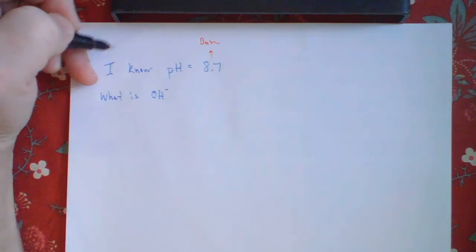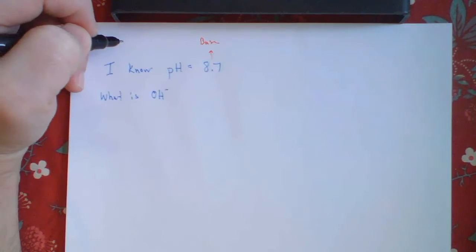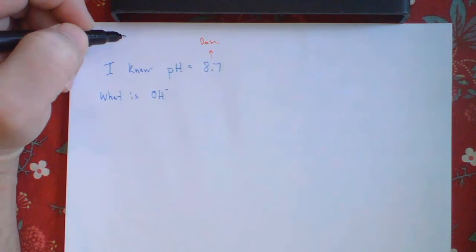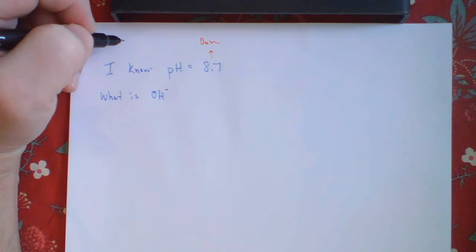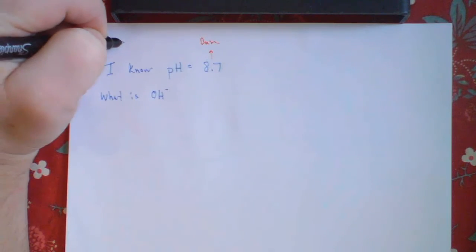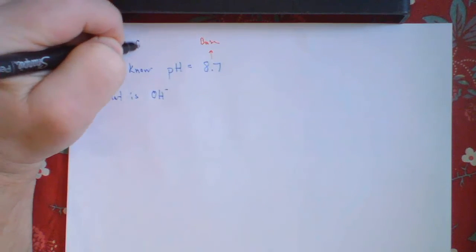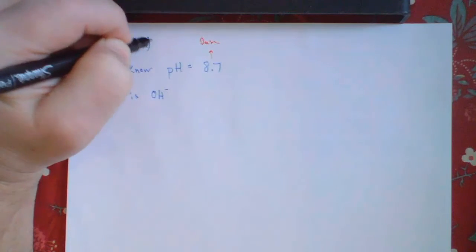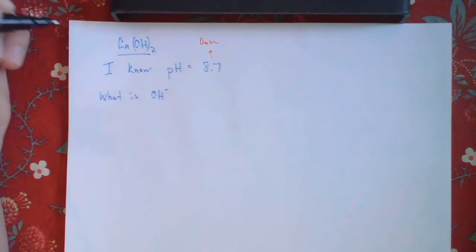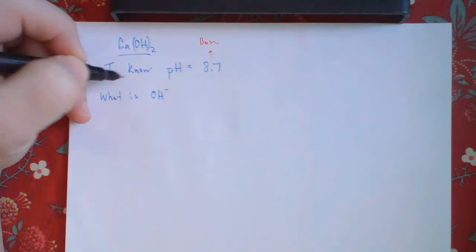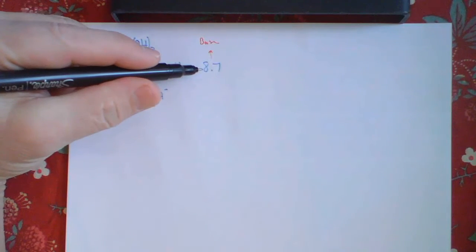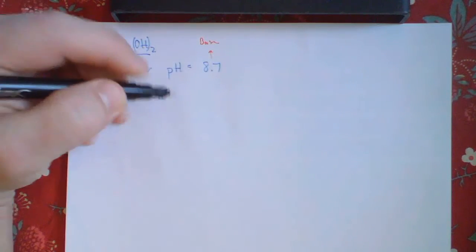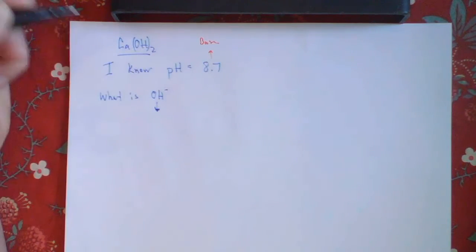Because maybe this is some kind of maybe it's like a calcium carbonate. No, yeah, let's do a calcium hydroxide. Okay, so I have a solution of calcium hydroxide. I know that the pH of the solution is this, and I want to know what is the concentration of the OH.